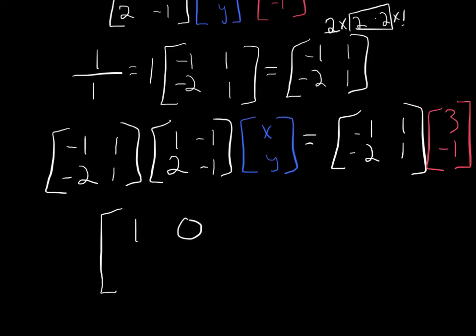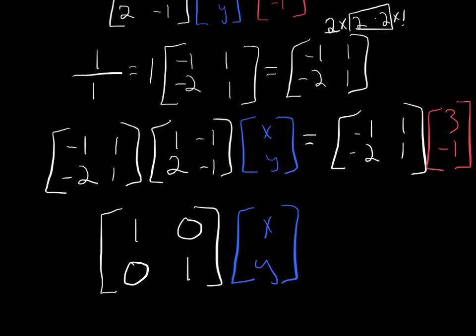Well, that's going to give me 0. All right, so now I go to the second row. Negative 2 times 1 plus 2. So negative 2 plus 2, 0. Negative 2 times negative 1 is 2. Plus 1 times negative 1, negative 1. So 2 plus negative 1 gives me 1. Notice this is my identity matrix, the 1, 0, 0, 1.